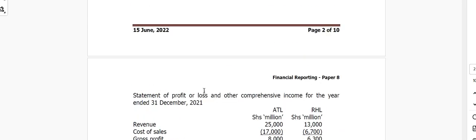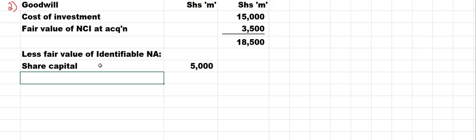Check the statement of financial position. That share capital is assumed to be the same as at the date of acquisition. The subsidiary has share premium. How much is the share premium? That's 2,500.